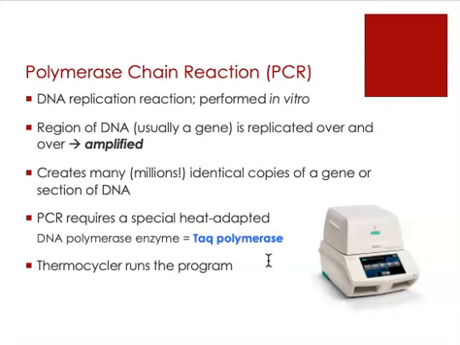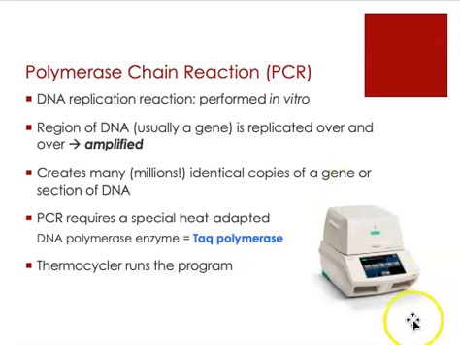Taq polymerase comes out of a living microbe, and it's a microbe that lives in heat vents at the bottom of the ocean. So this particular form of DNA polymerase is adapted to working in very high heat. And again, we use it because when we do PCR in the laboratory, there are times during the reaction that the reaction tube gets very, very hot.